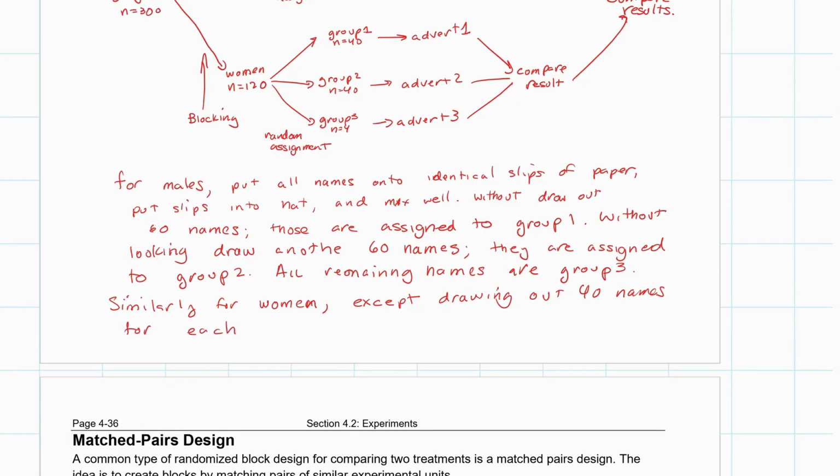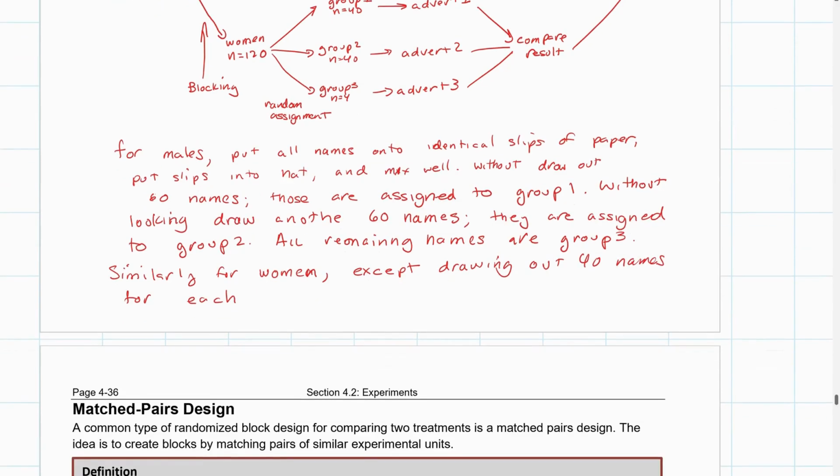There we go. And that will give us three randomly assigned treatment groups that, again, amongst the women, all the other lurking variables should then be distributed across the different groups.